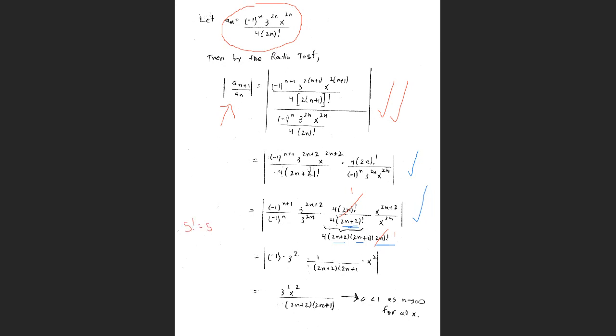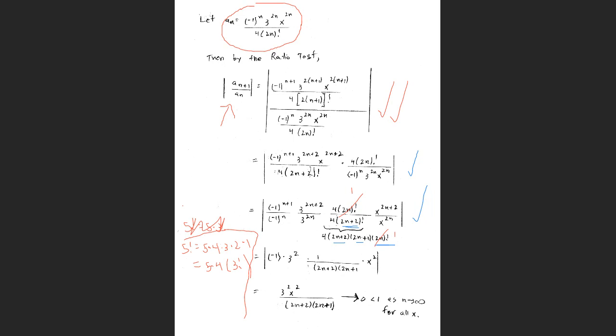Sorry, let me do this again. 5 factorial is equal to 5 times 4 times 3 times 2 times 1, right? Or 1 times 2 times 3 times 4 times 5. But we can write 5 factorial as 5 times 4 times 3 factorial, you see? So we're doing the same trick here so that the 2n factorials simplify out.